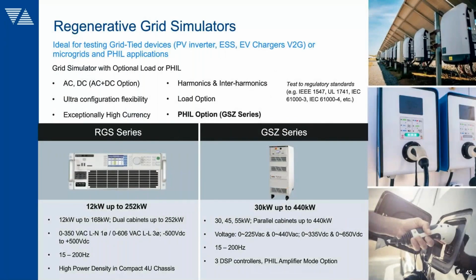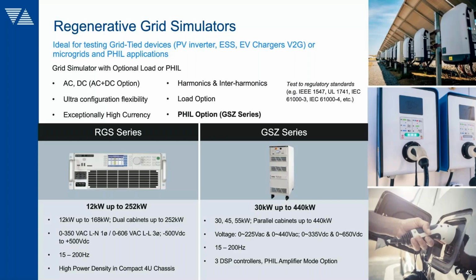On the left, you see the RGS series, which is our rack mount unit. It's also a 4U unit, same power level, 21 kilowatts in this one unit. Voltage ranges are the same as the electronic load, so 350 volts AC line to neutral, or 606 volts line to line.